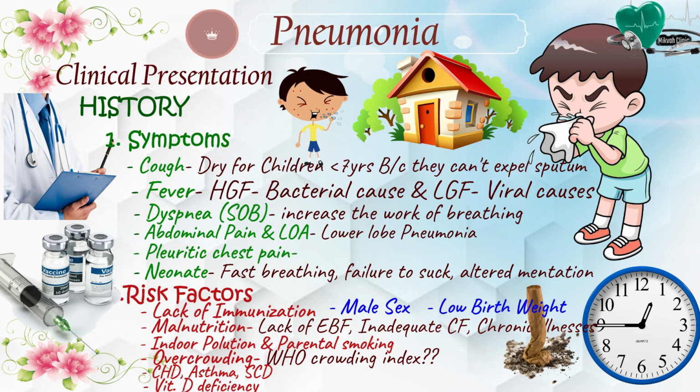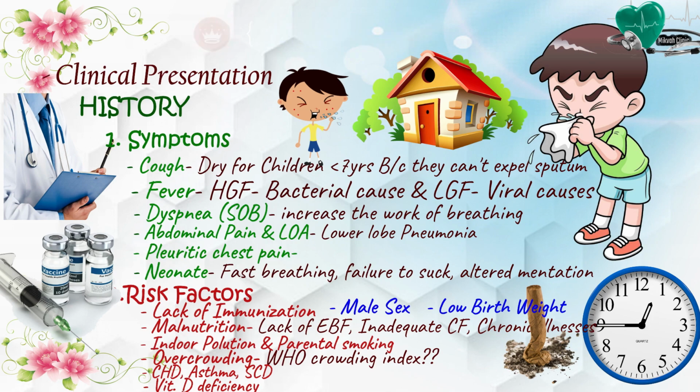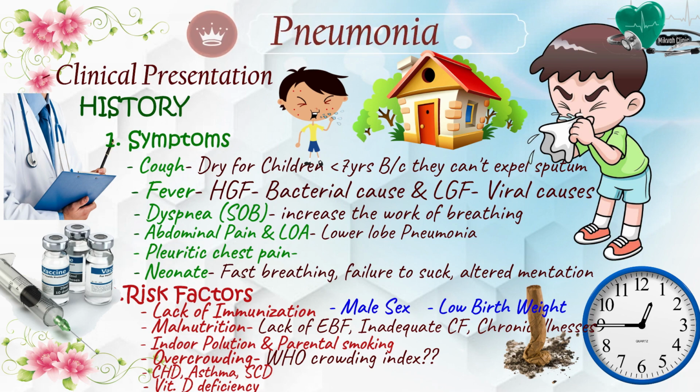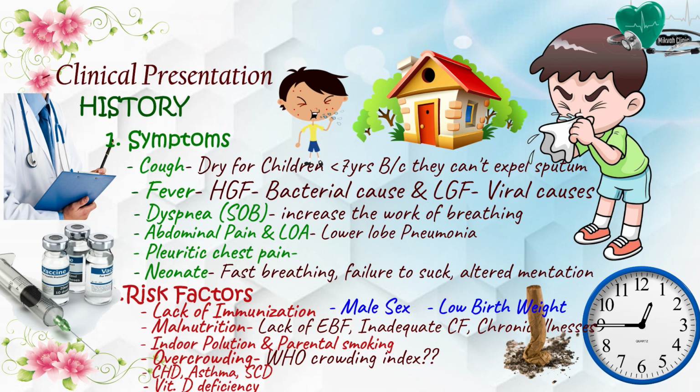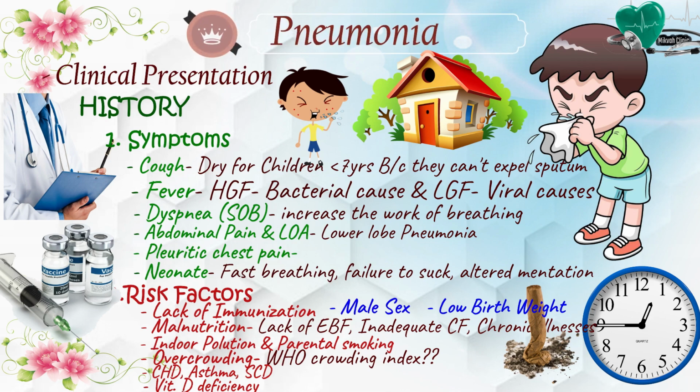The other important risk factor is low birth weight. So perinatal history is very important. If possible, the birth weight of the child and the gestational age at birth, knowing all these things is very important. Do you know why? Because the lung is the last organ to mature.